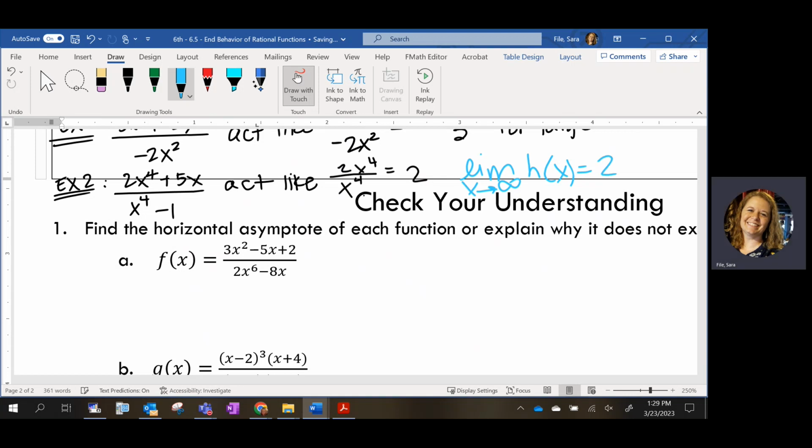So this limit would be 2. What does that tell you about this rational function? What does it have? What y equals 2? That's an asymptote. If the ends of the graph are approaching that specific value, that means there's an asymptote there.